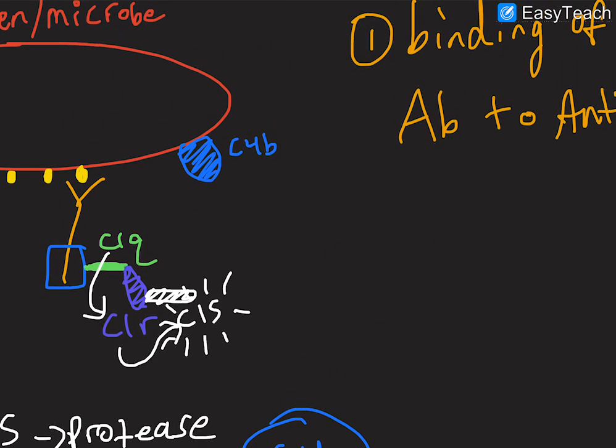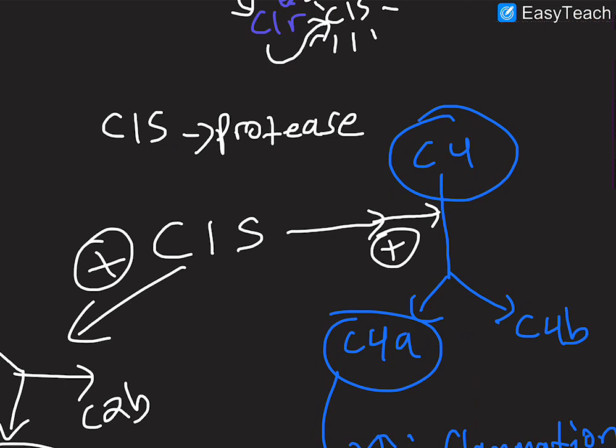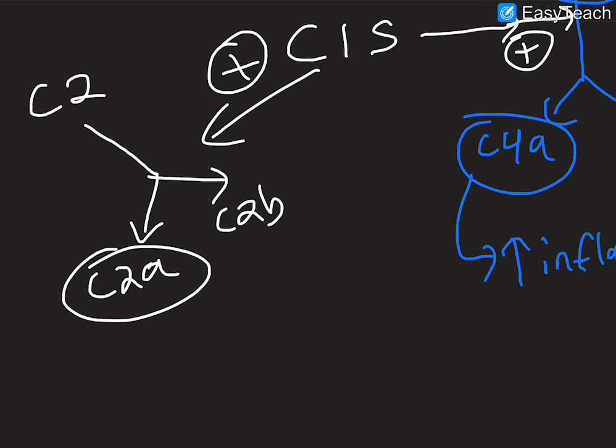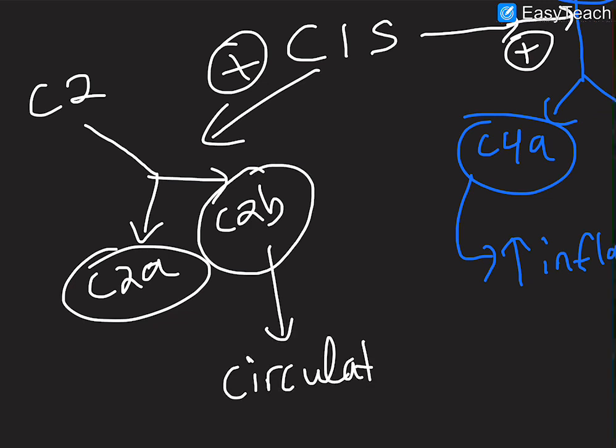Remember, we have C4b on the pathogen surface, so C2a will now come here and bind on C4b. And then C2b will just get released into circulation.